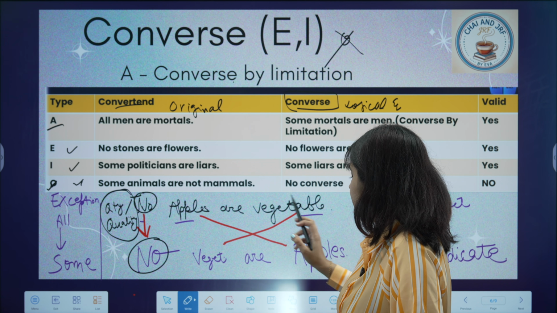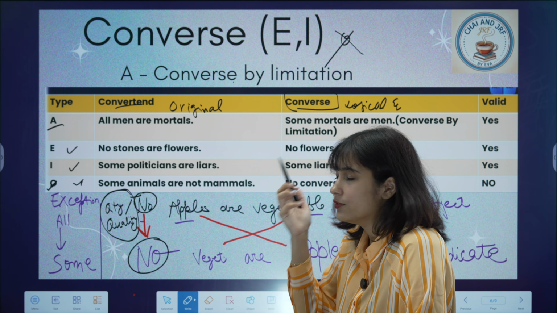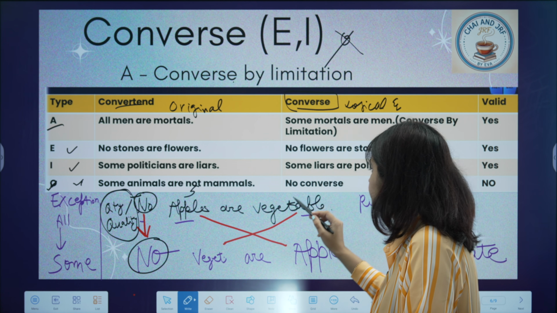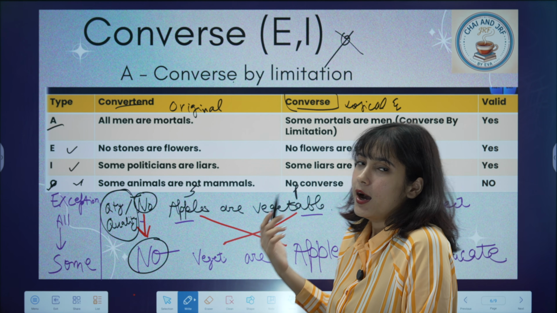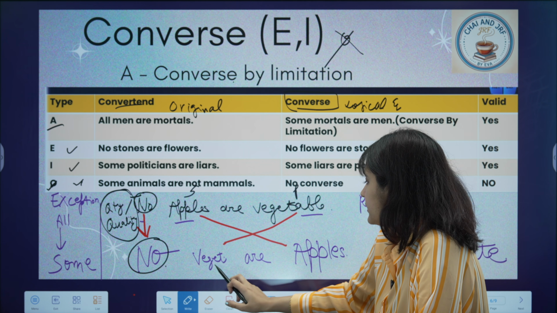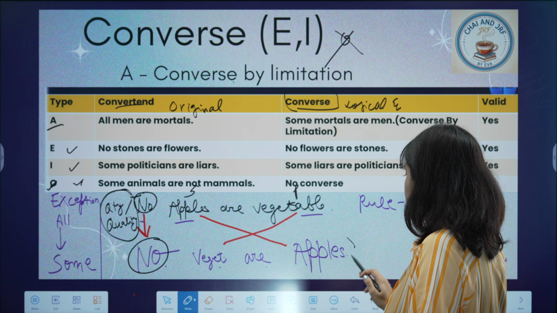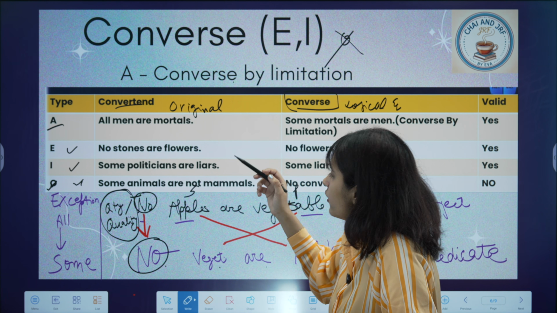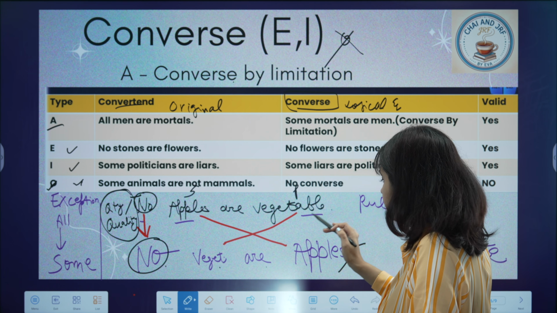And for apples and vegetables, we are simply going to interchange our subject with predicate. So our answer will become: no vegetables are apples. This is your converse logical equivalent for this statement.